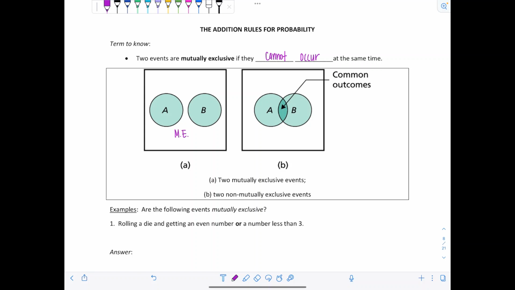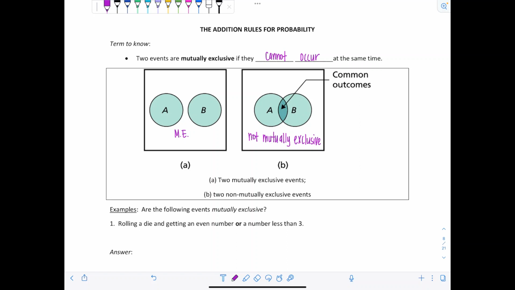They cannot happen at the same time. In the next diagram, notice there's this little sliver of overlap right here for events A and B. So these two events are not mutually exclusive. Why does this matter? Because it affects how we have to compute the probabilities, okay, of these events occurring.